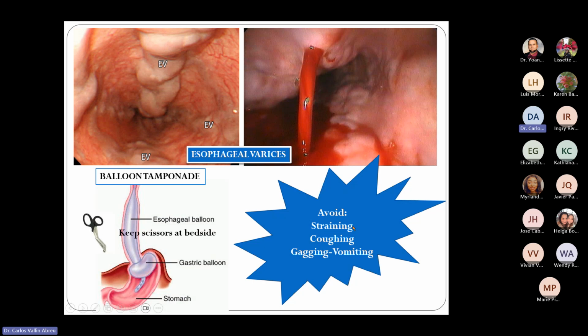So avoid all the maneuvers that increase the pressure inside the chest and the pressure in those veins.